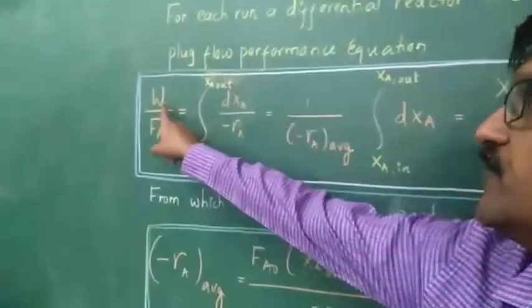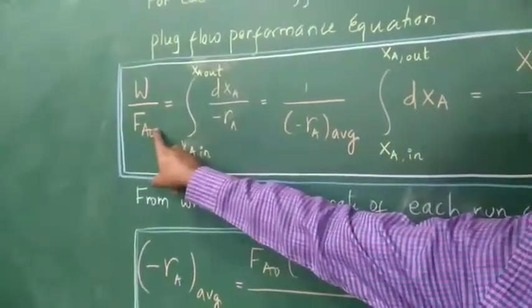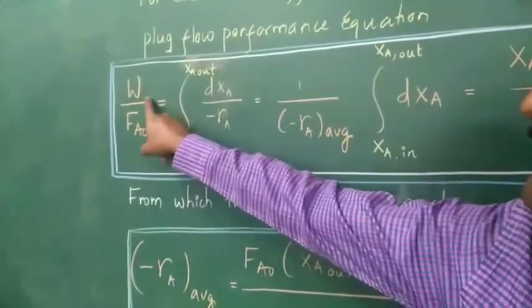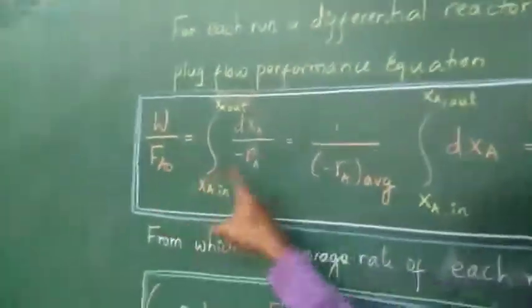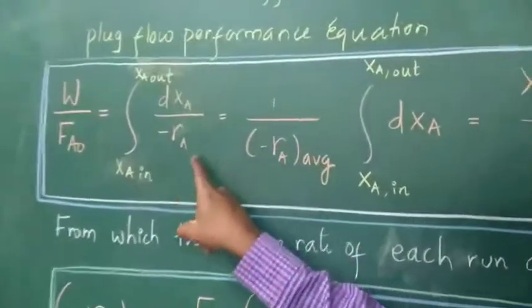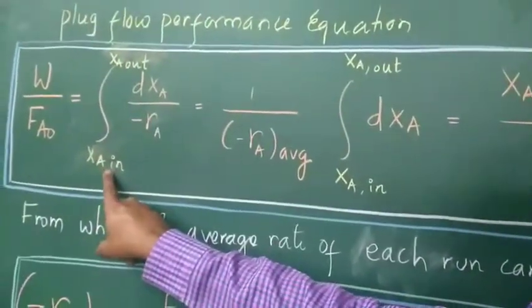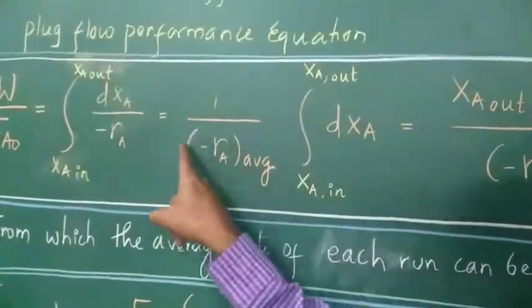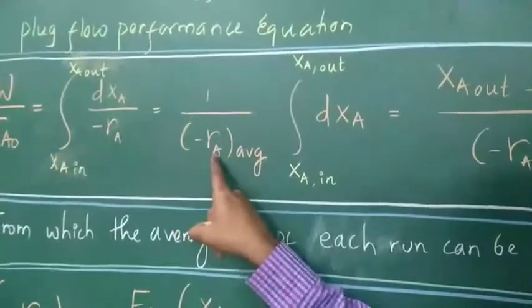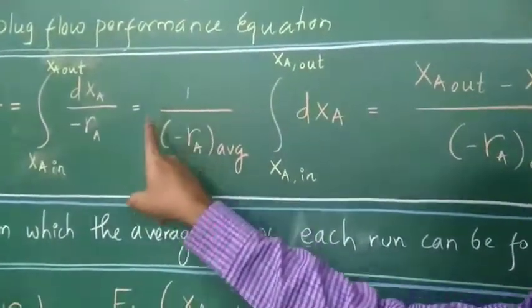Earlier we were using V by Fa naught; now in this case W is the weight of the catalyst, so W by Fa naught is the integration of dXa by minus Ra from Xa in to Xa out. Therefore, for each point the rate will be changing, so the rate of reaction will be taken as an individual rate.